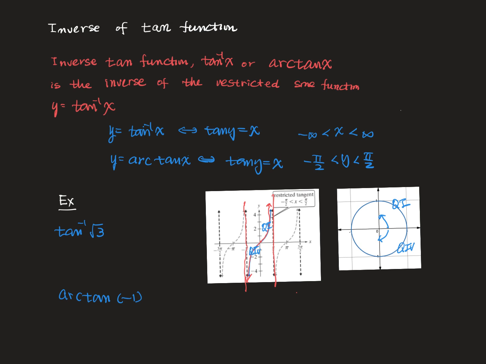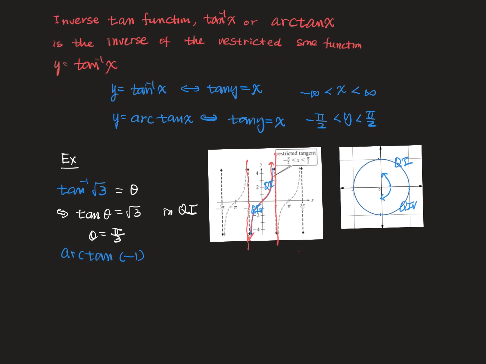Let's talk about arctangent of square root of 3. Put this as theta. By definition, tangent theta is square root of 3. Which quadrant? It's positive, so quadrant 1. So theta is pi over 3. How about this one? Arctangent of negative 1 is theta. Tangent theta is negative 1.